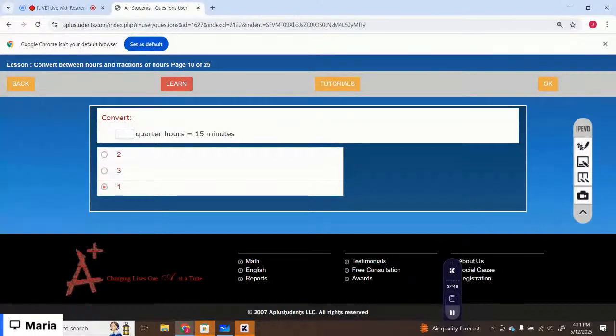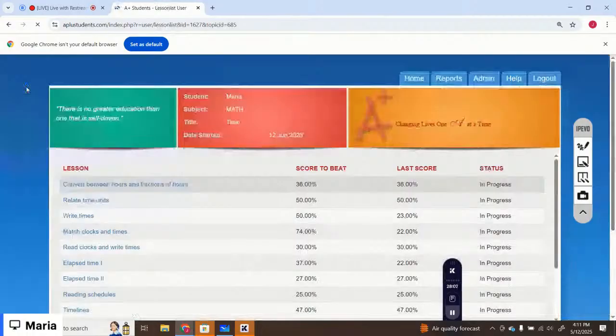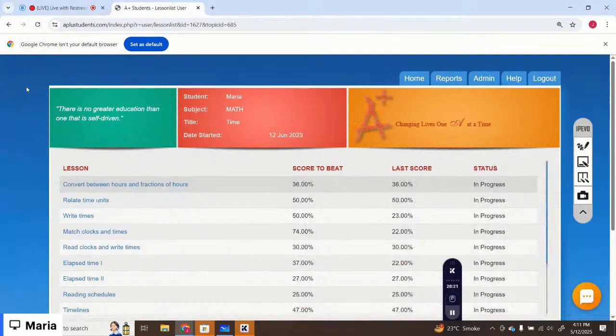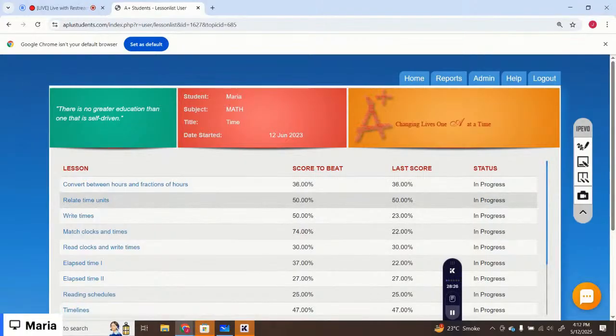The next lesson is relate time units. Let's just start with the lesson.